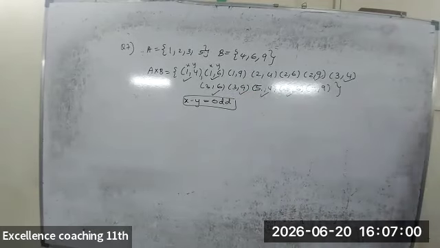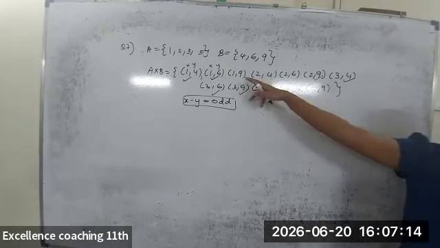So write those pairs. That is your relation. Only those pairs where x minus y is odd. If they had said even, then you have to take these pairs.